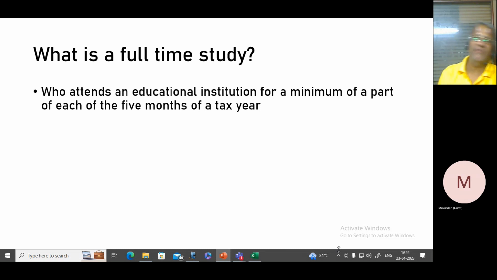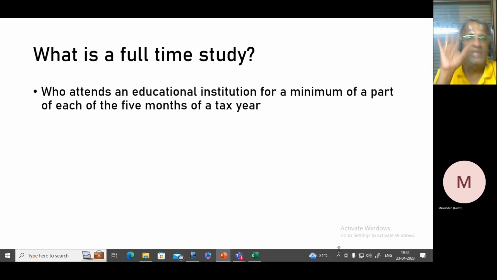Why we should have a part of each is that not all the days in a month can you have any place where teaching will be carried out. You just find Monday to Friday, and Saturday, Sunday, maybe on the weekends they will not have it. So you cannot expect all the 30 days. That is the reason why you have a part of each of the 5 months of a tax year.